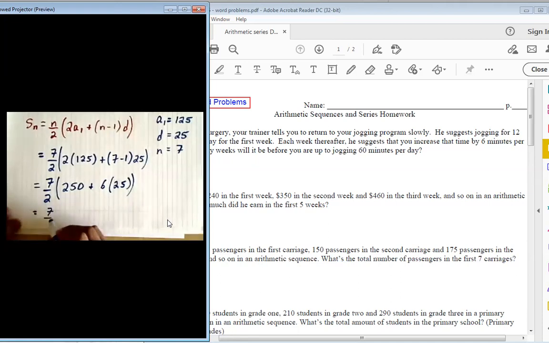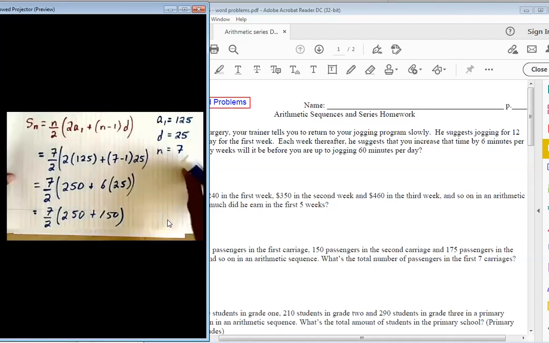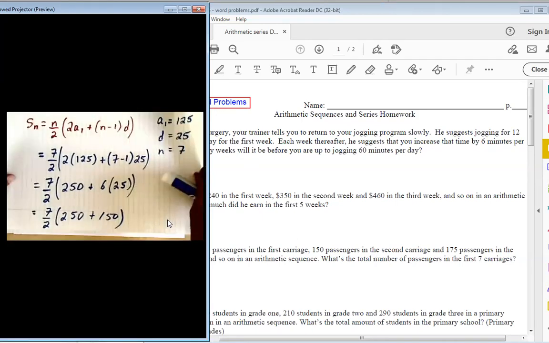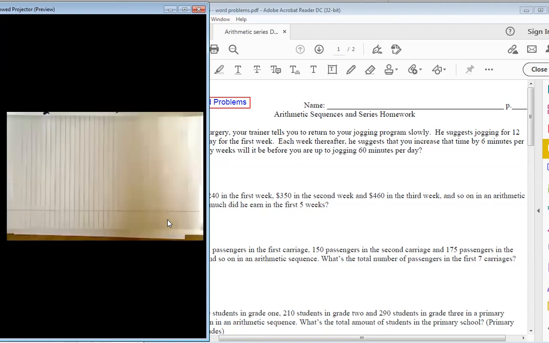Last line on this piece of paper. 250 plus, what's 6 times 25? 150 it is. Okay. Closing that off. Okay, so taking to another page.